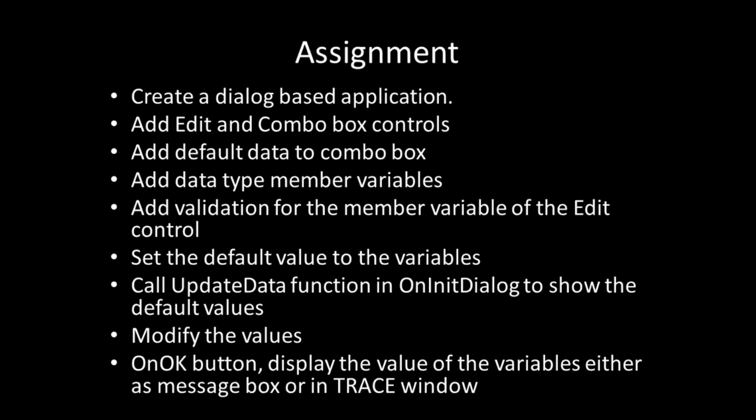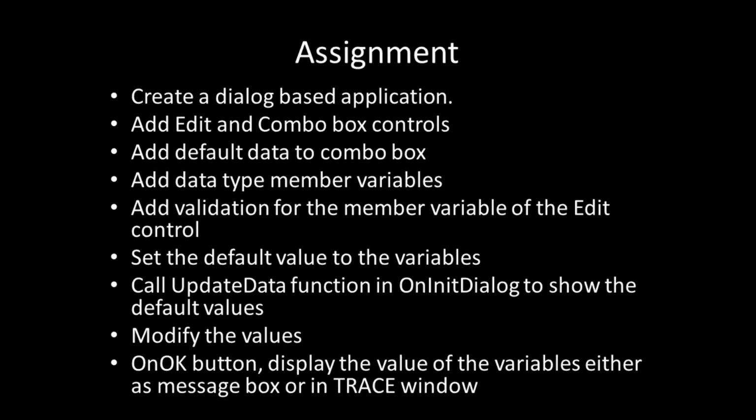Then add the data type member variables. So then add validation for the member variable of the edit control. So depending on your data type, you can add either maximum characters or min value and max value combination. Then set the default value to the variable and call the UpdateData function in OnInitDialog to show the values that are assigned.